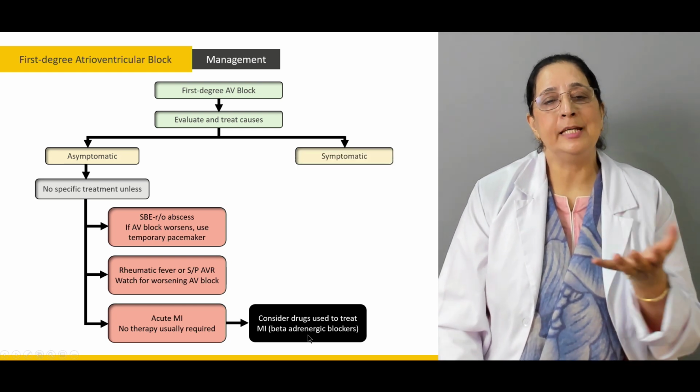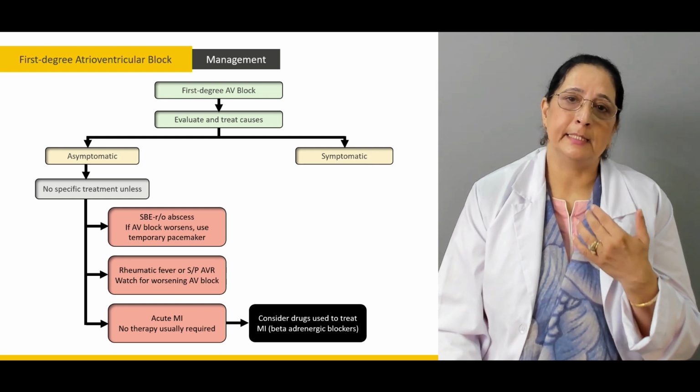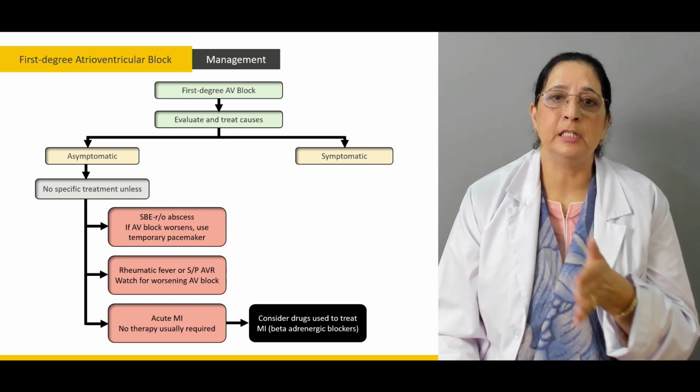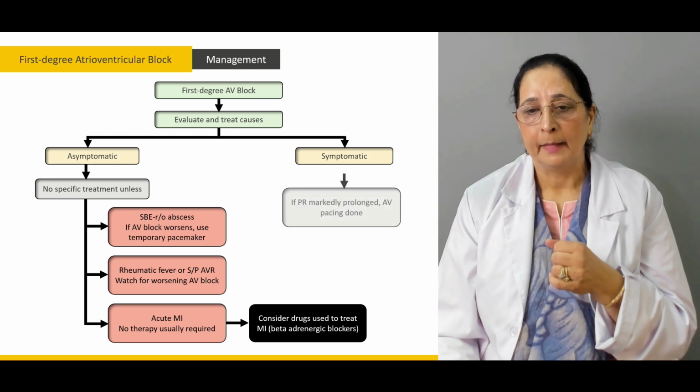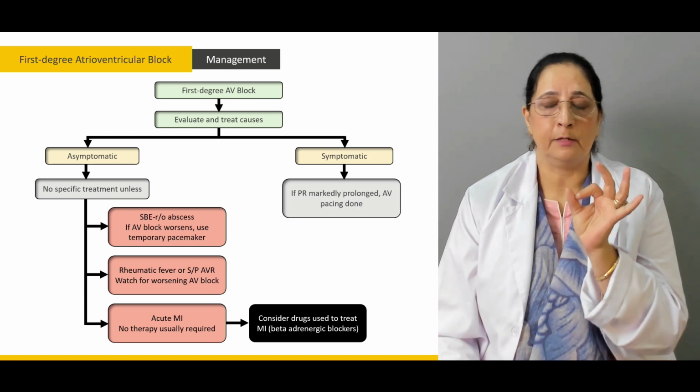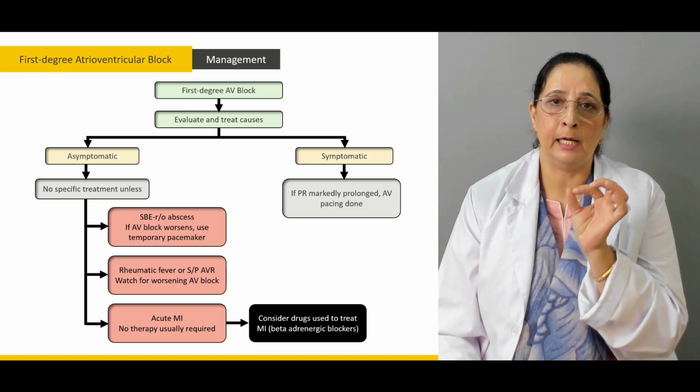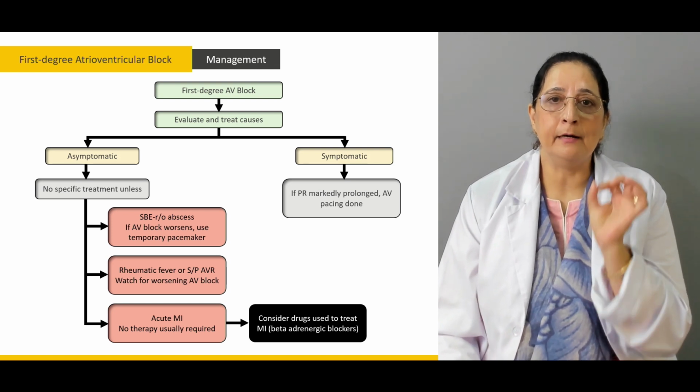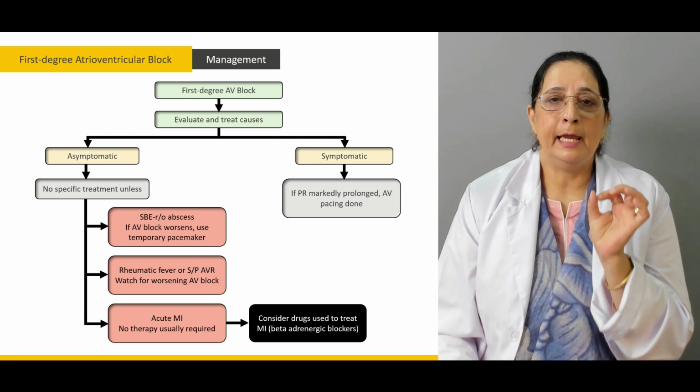If the patient is symptomatic, if there are symptoms associated with first degree AV block, then look at the PR interval, which is generated by the AV node.